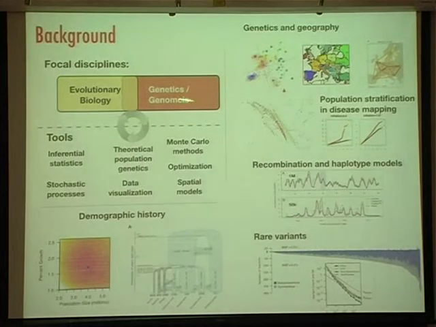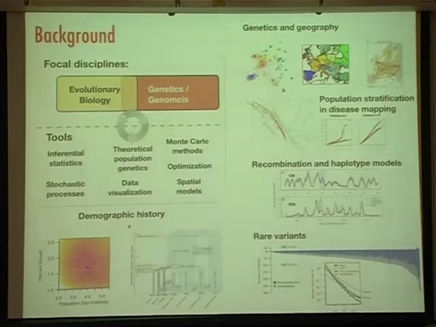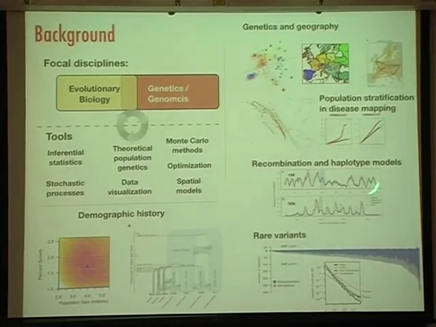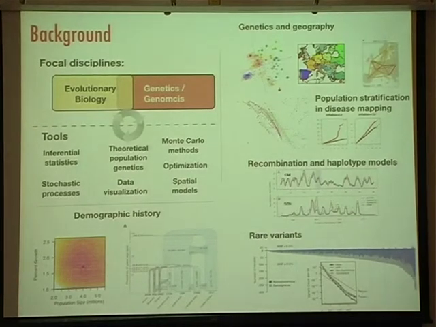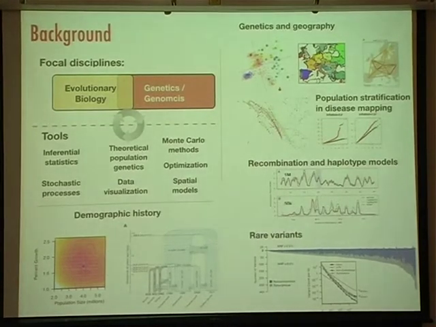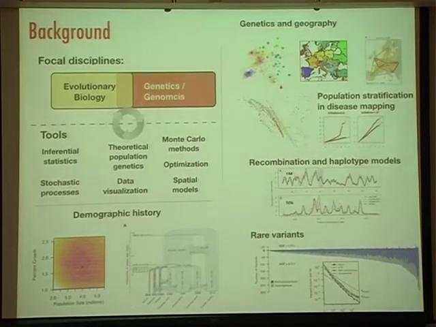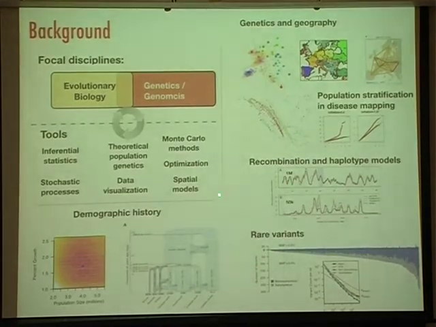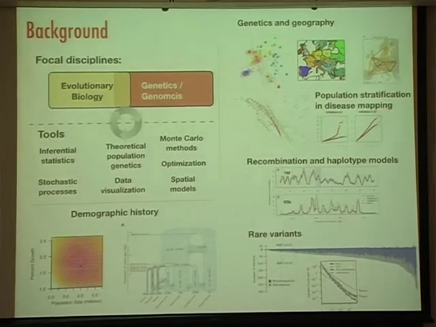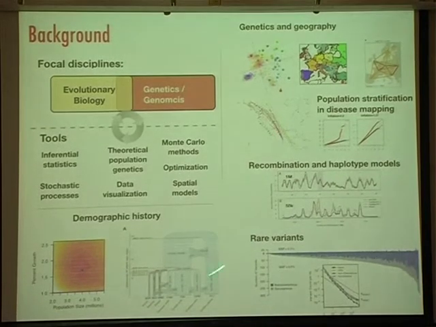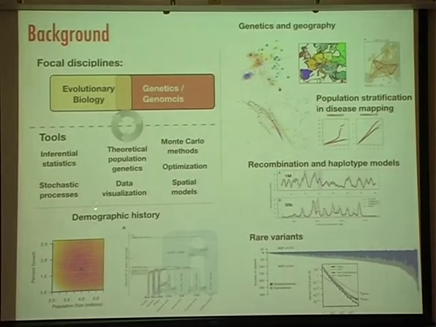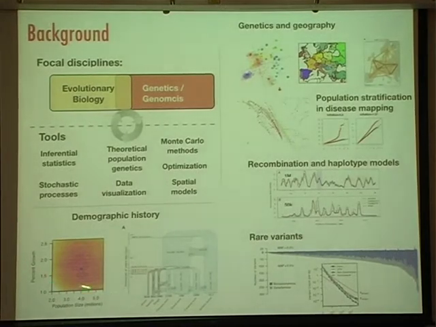A lot of work that we've been doing has been around topics of genetics and geography and population stratification. Those are issues that came up a lot in the lectures that I gave, in the first lecture, really. We've also worked on recombination rates, particularly estimating recombination maps in admixed individuals, and inference of demographic history, both in recent human demographic history, looking at things like rates of growth and recent population sizes.